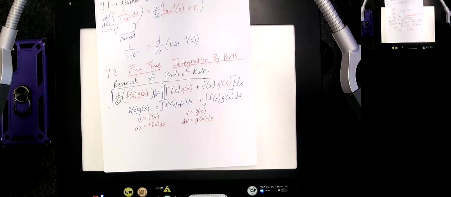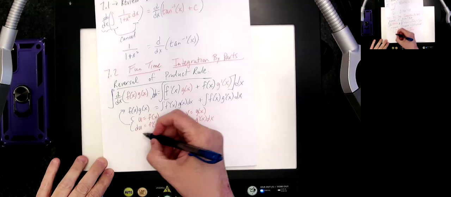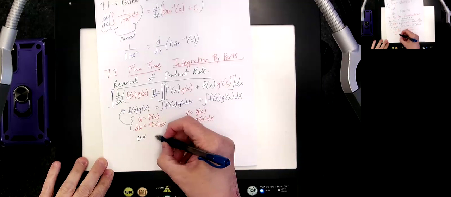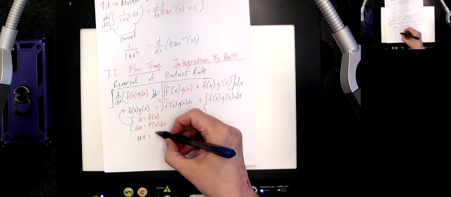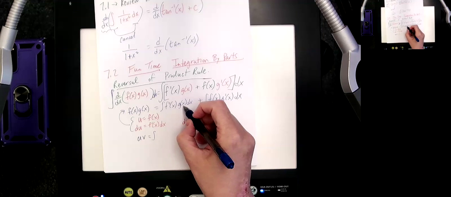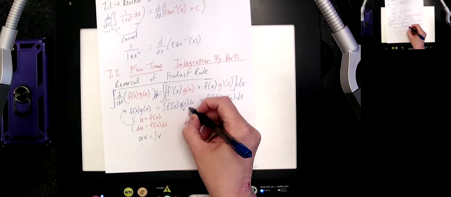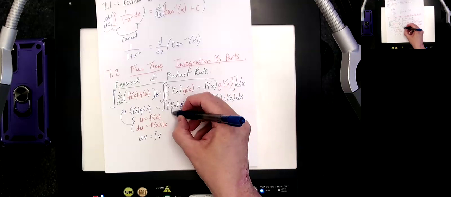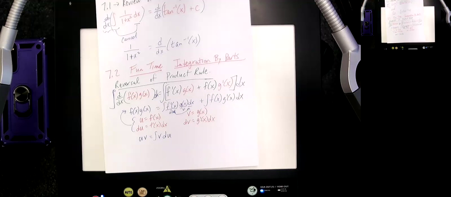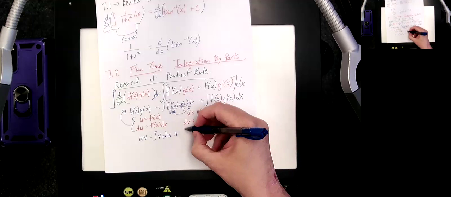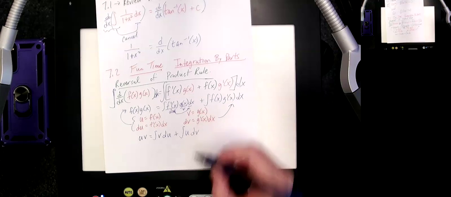So I'm going to plug that back in. I'm going to plug these things in up here. And I have u times v equals the integral of, g of x is v and f prime of x is du, so I've got v du, plus f of x was u and g prime of x dx was dv.